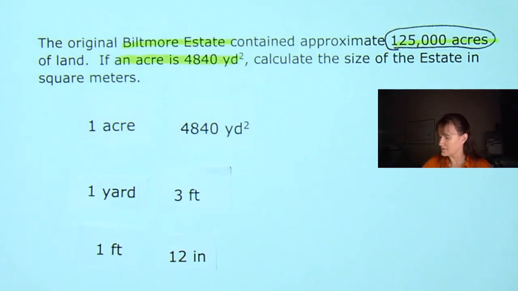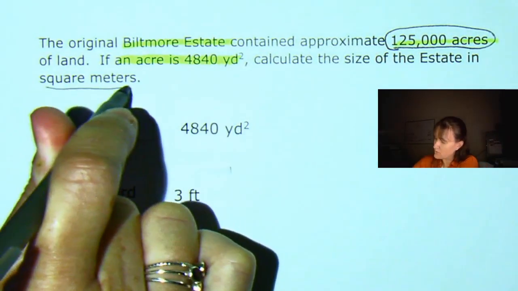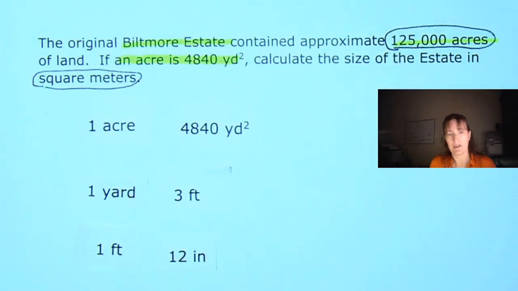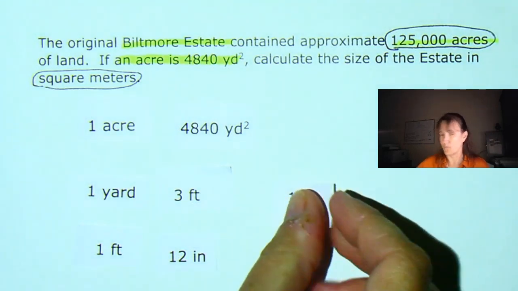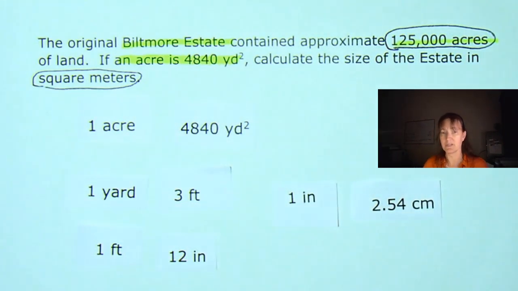And since the question is asking us for meters squared, that is metric. And the best way for us to go into the metric system is 1 inch is the same thing as 2.54 centimeters, because that is an exact definition between those two units.